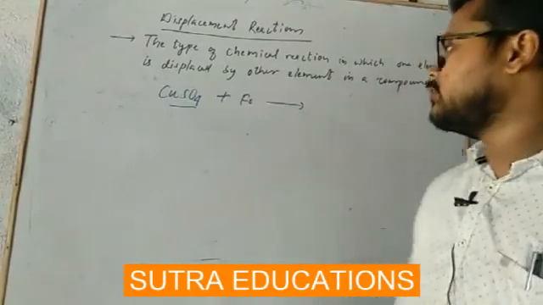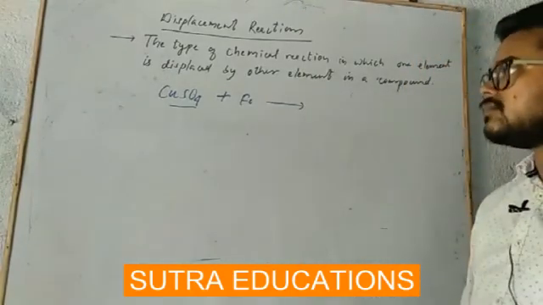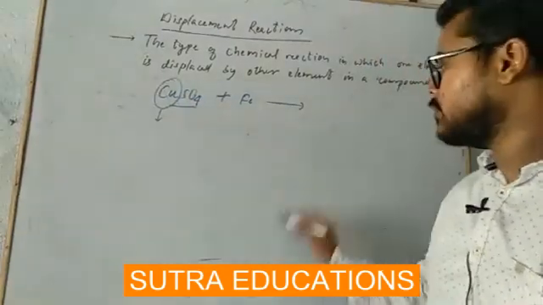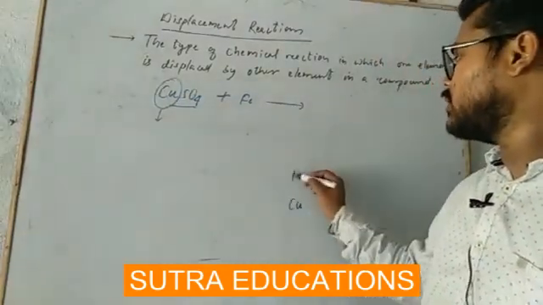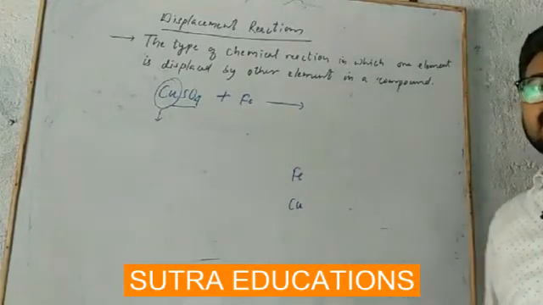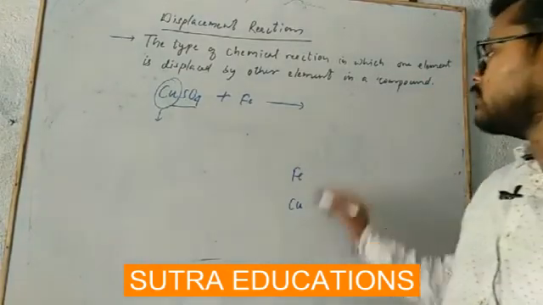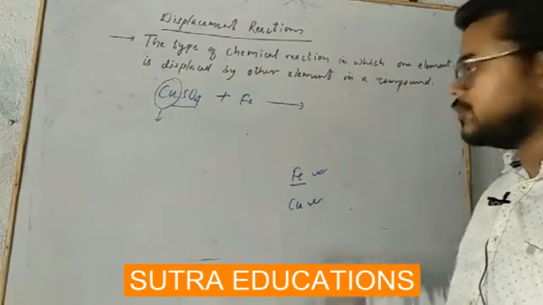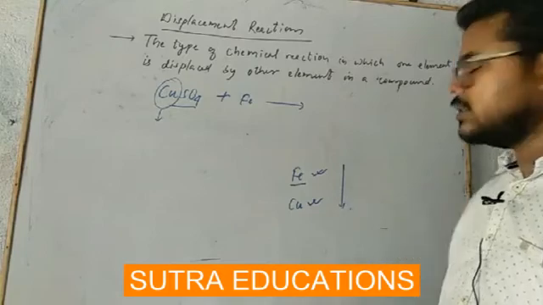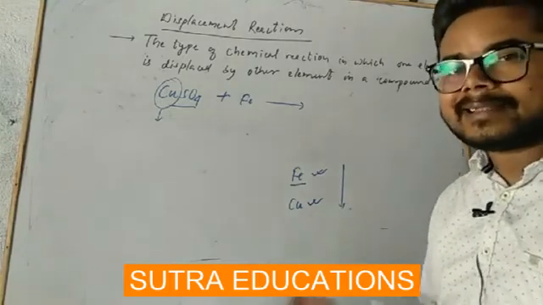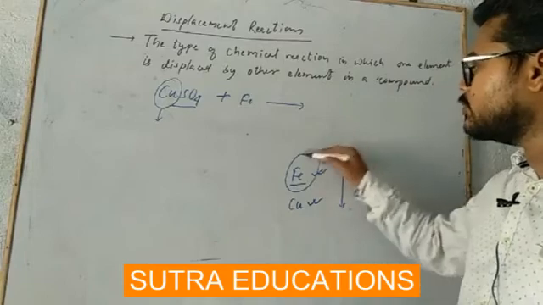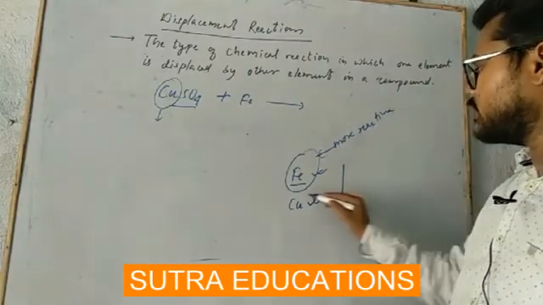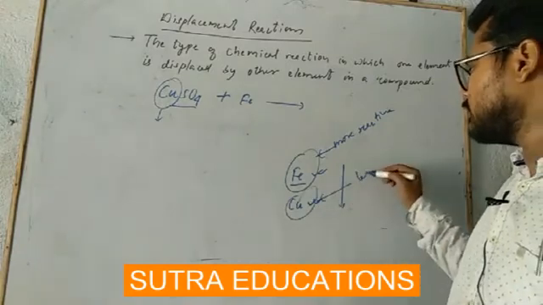I told you copper was placed below iron. Getting me? Means iron was placed above the copper, and I told you if you are coming from top to bottom, then reactivity is decreasing, means this iron is more reactive and this copper is less reactive.